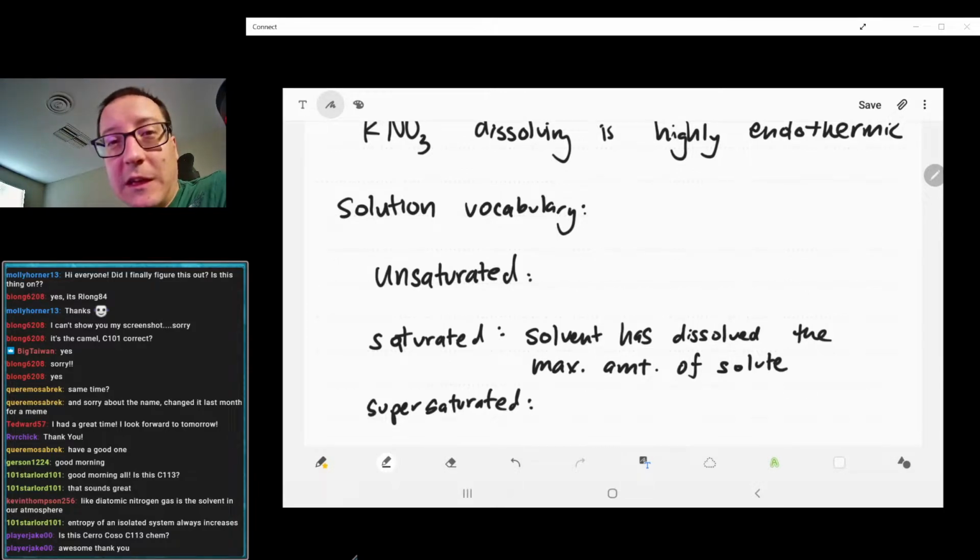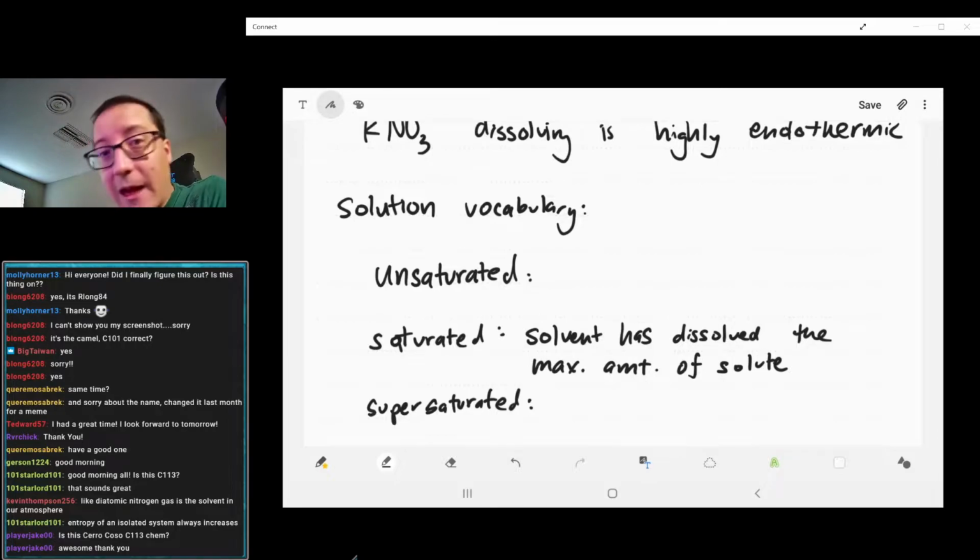So eventually, if you just keep adding some salt to water, you will reach a point where the salt will no longer dissolve. At that point, your solution is going to be saturated, meaning your solvent has taken up as much solute as it possibly can. We're going to see in a little bit how we can mess with this, but that's how we're going to define a saturated solution.